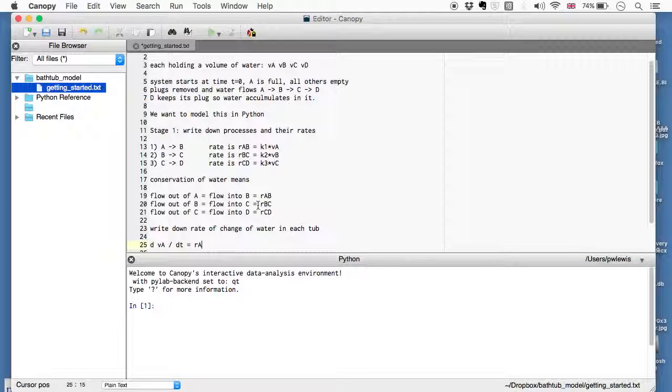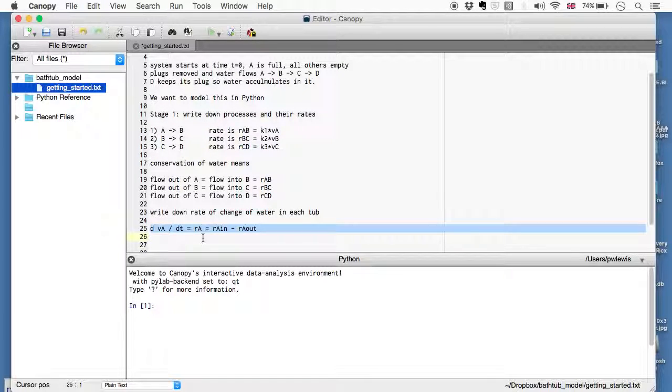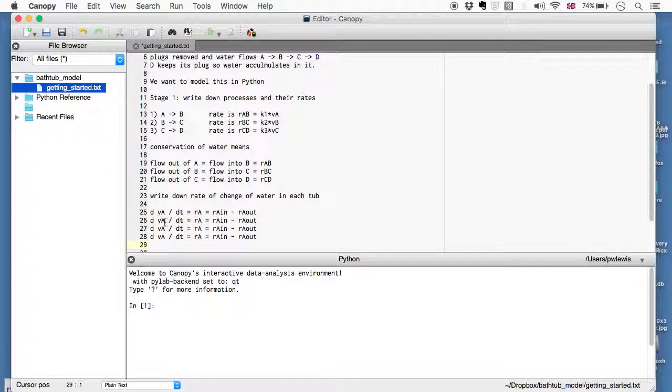So the rate of change of A equals the rate of flow into A minus the rate of flow out of A. Okay, and that's the same for each bathtub. Then we've got A, B, C, D.